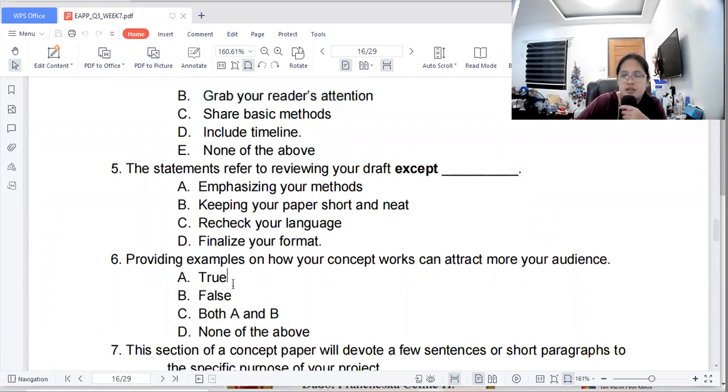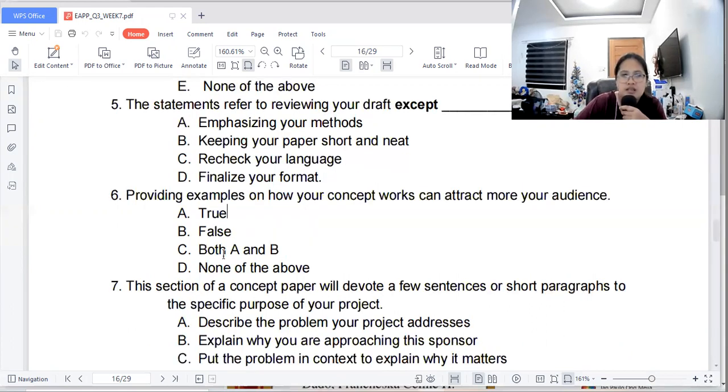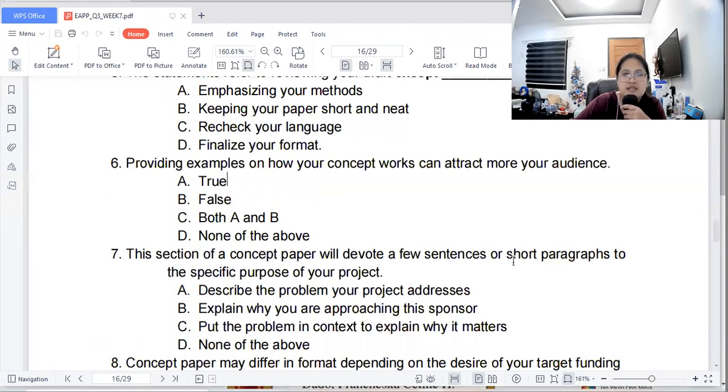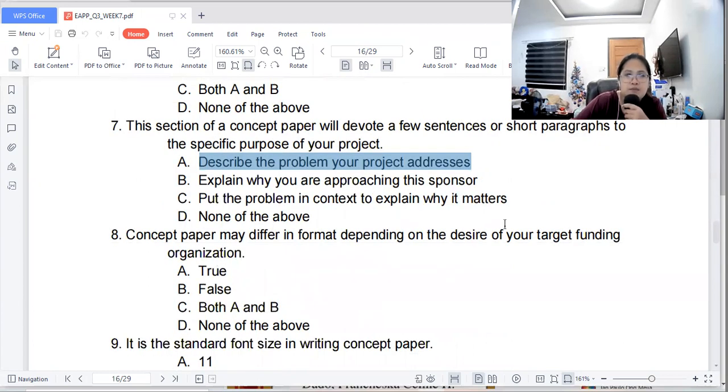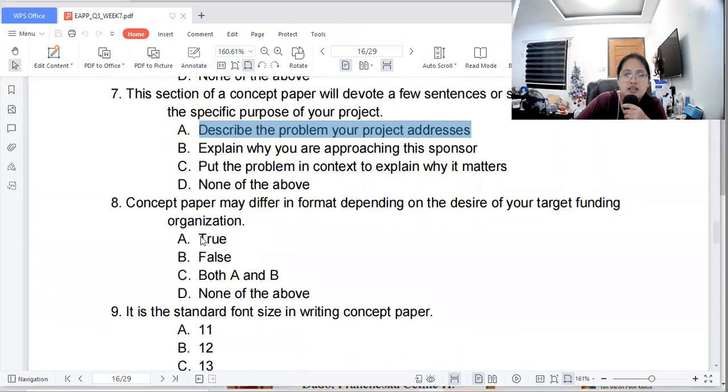True, of course. 7, okay, this section of the paper will devote a few sentences on this specific purpose. Okay, so this is describing the problem that your project addresses. Okay, and then number 8, it may differ in format depending on the desire of your target funding organization. Yes, it's true. Again, di ba nasabi ko, depende sa organization mo or yung tina-target mong audience.